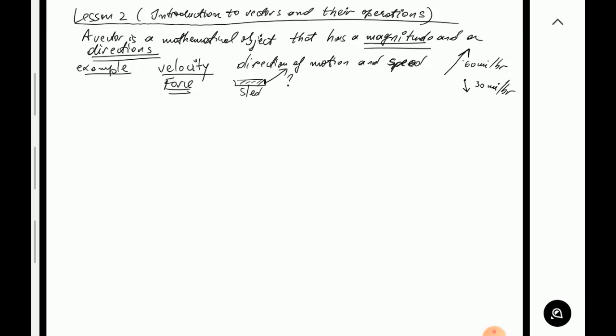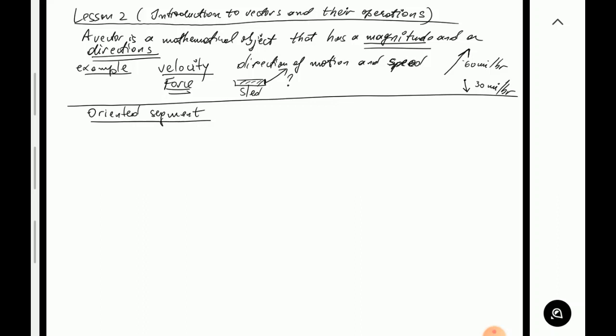So, with that out of the way, and I already mentioned with these examples, obviously the typical way of representing a vector is by an oriented segment. Its length denotes the magnitude of the vector, and of course the two points of the segment will indicate the direction. So let's write a generic example.